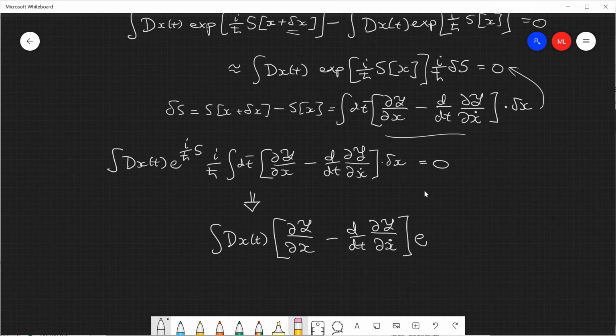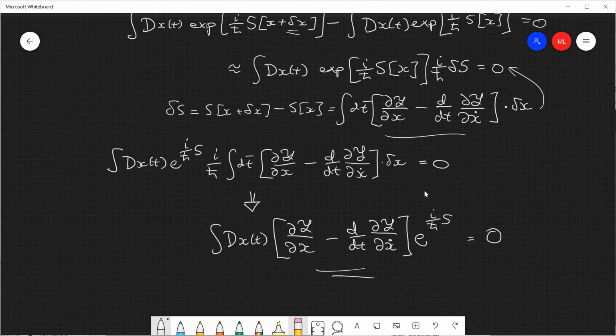Now what we're saying is that something similar to that works in quantum mechanics, except it's not that this whole thing is equal to 0, it's that the integral over all paths of this quantity, the Euler-Lagrange equation, weighted by the action, that's what's equal to 0.